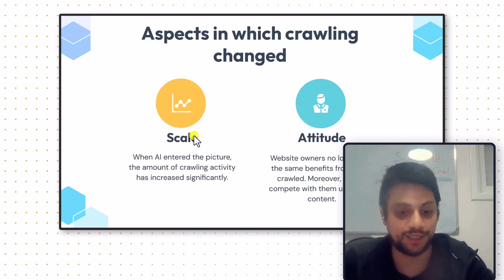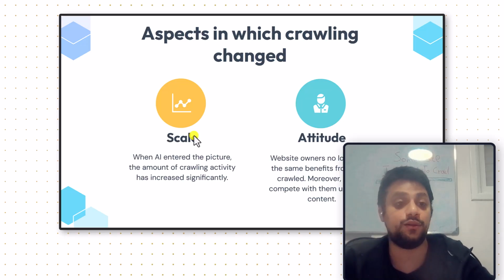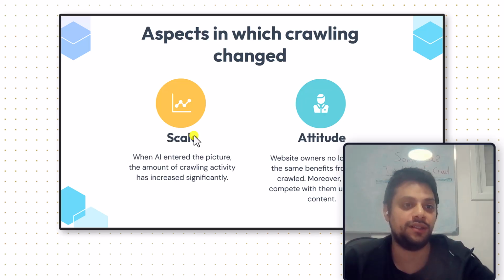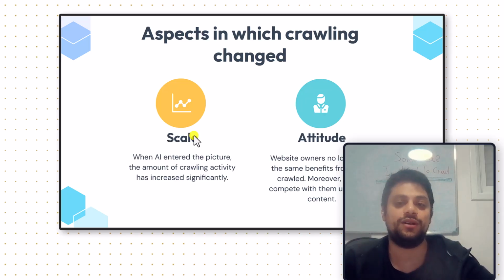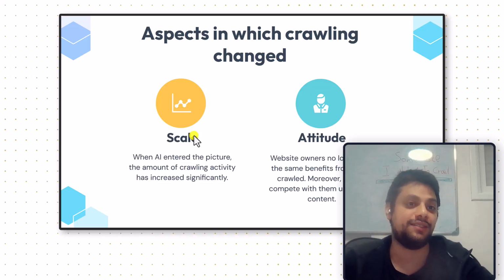The paper also mentioned that there are even reports of websites going down because AI crawlers overwhelm their servers. Bottom line, before AI, crawling was already common. With AI, it's much more dramatic.